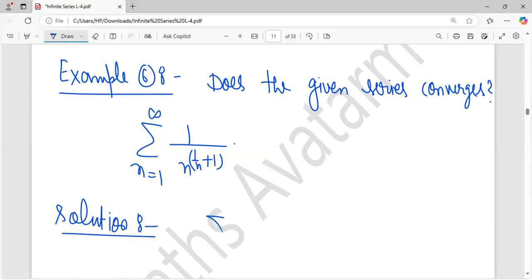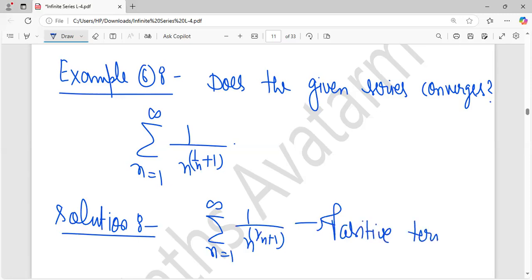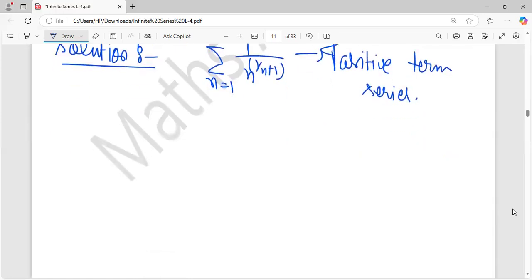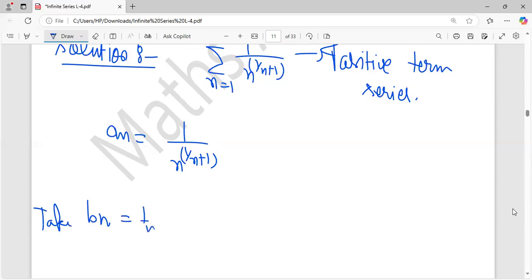So this given series is a positive term series. So what is an? an is 1 upon n to the power 1 plus 1 upon n. Now bn, take bn is equal to 1 upon n. Then limit n tending to infinity an upon bn.